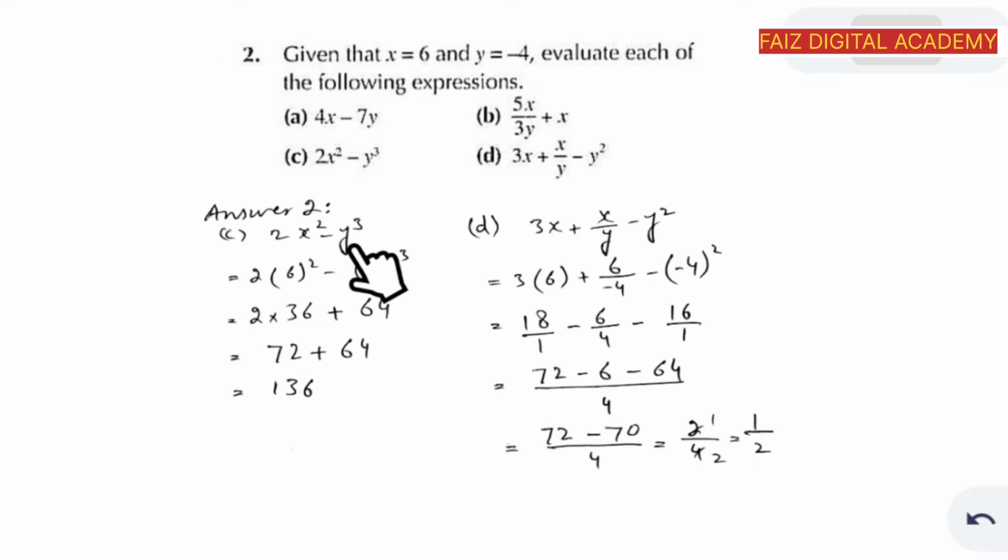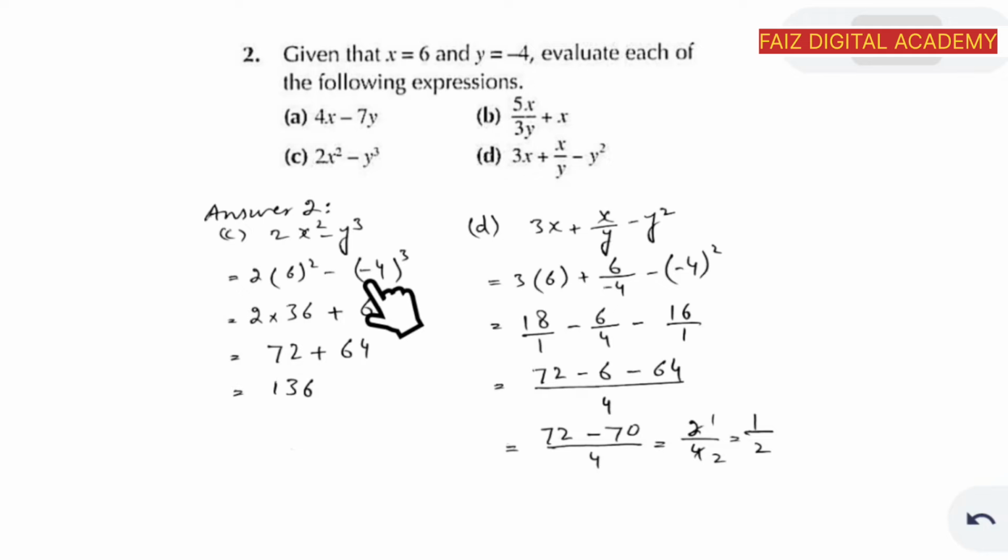Similarly, in the C part, we have to do 2x to the power 2 minus y to the power 3. So 2 is written over here, and then 6 is written in place of x, and that power is written as such, 2. Similarly, for y, we write minus 4 in place of y, and then the cube of minus 4. 2 sixes are 36, minus minus are plus, because in the cube the signs remain as such.